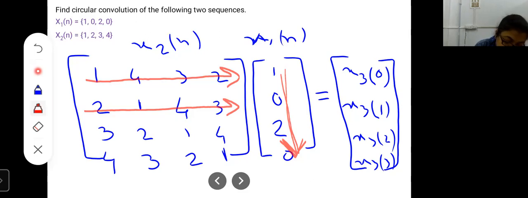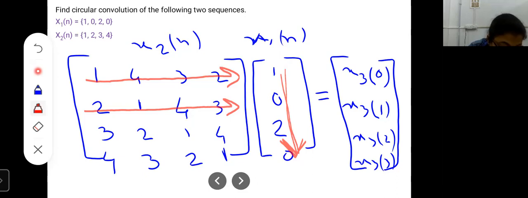So these are the total methodologies of how you can find circular convolution when two sequences are given. Now I am giving the conclusion, reminding you of the steps. If there are two sequences x1(n) and x2(n), the first step is to find out whether the lengths are the same or not.